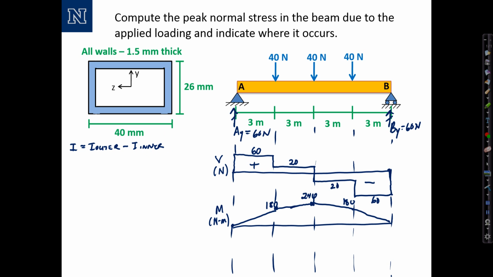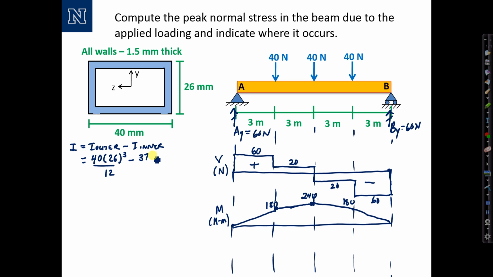So the values are I outer, b h cubed over 12, b is equal to 40, the dimension in the Z direction, times the height, 26 cubed over 12, and then minus the inner rectangle. The inner dimensions are 37 for b, which is taken by subtracting 3 away from 40 for the two walls, each 1.5 millimeters thick.